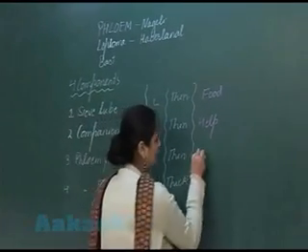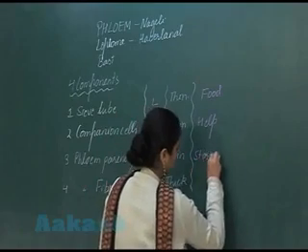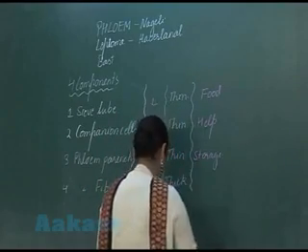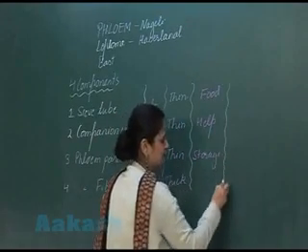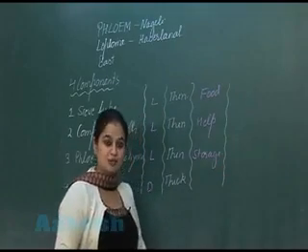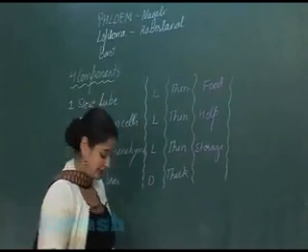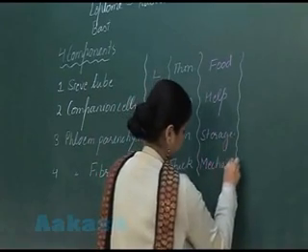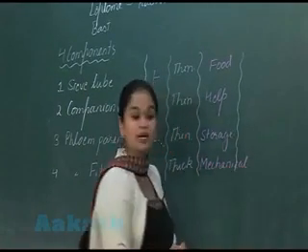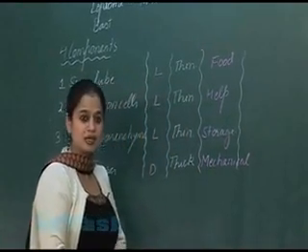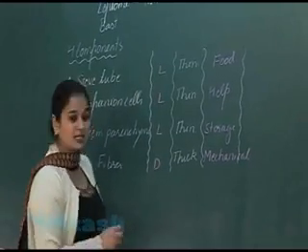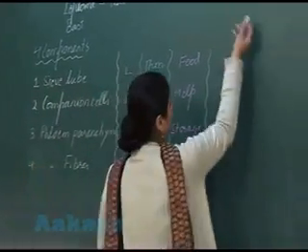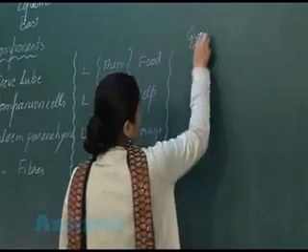Phloem parenchyma, involved in the storage of several types of compounds. Fibers, going to provide strength, mechanical support. Now these are the different components of the phloem present in the angiosperms.